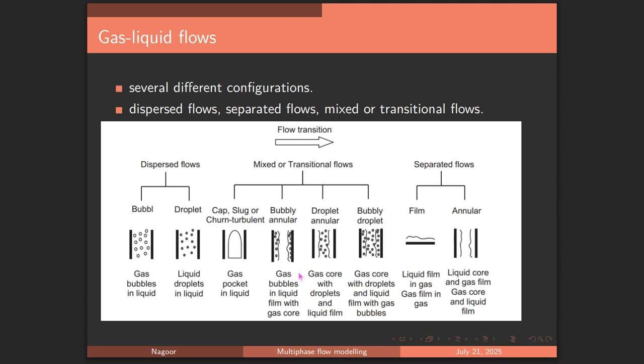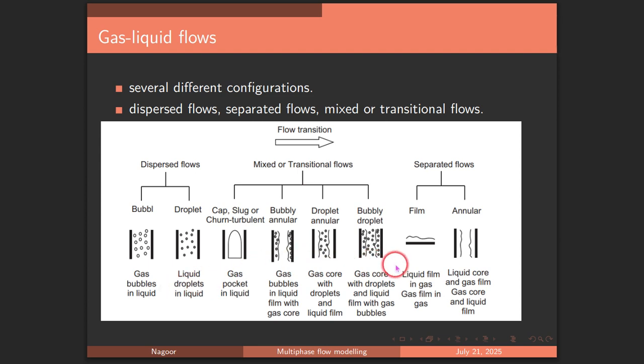One is dispersed flows, or separated flows, or mixture flows. What is a dispersed phase, and what is a continuous phase? For example, in a bubbly flow, bubbles become the dispersed phase, gas is the dispersed phase, and liquid is the continuous phase. In droplet flows, liquid is the dispersed phase and gas is the continuous phase.